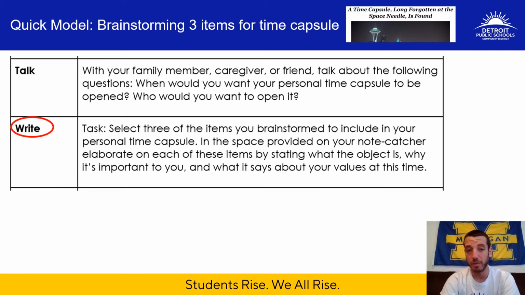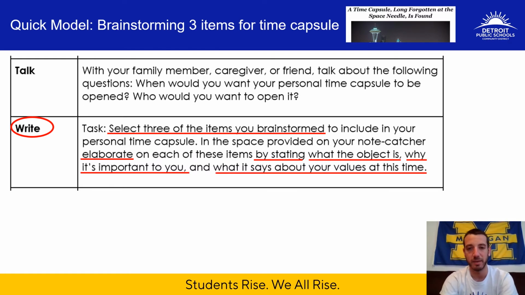So the first part I'm going to actually model for you is the part of the writing section where you have to select 3 of the items you brainstormed from the list in the previous sections, and you have to elaborate on these items by stating what the object is, why it's important to you, and what it says about your values at this time.